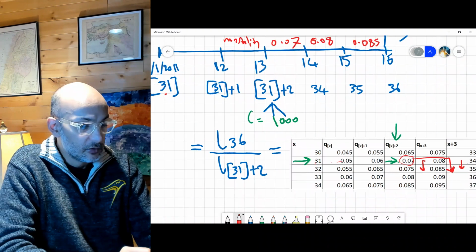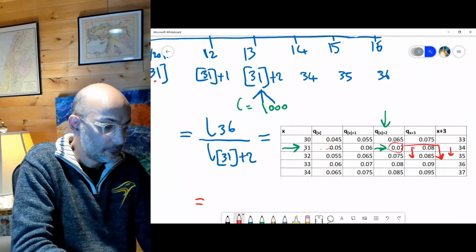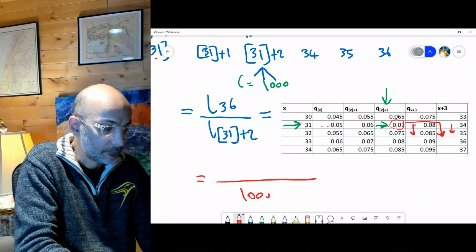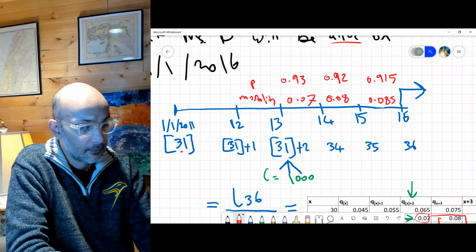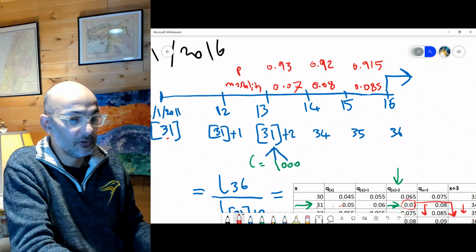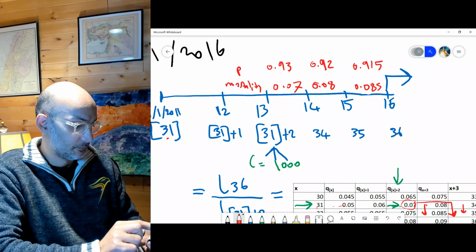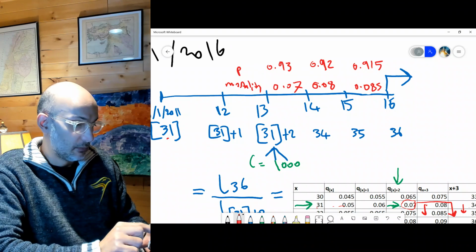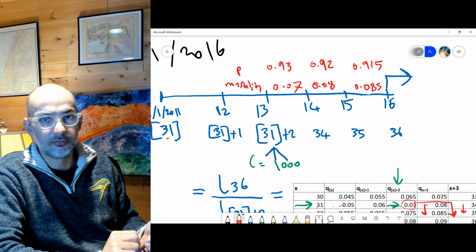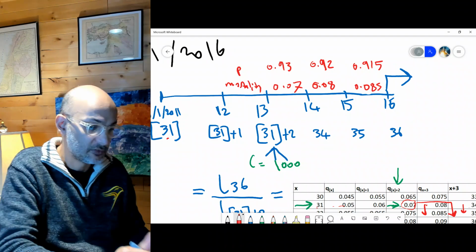So let's look at this one. We said the denominator is 1000. Now let's trace this 1000. 1000 multiplied by 0.93, where we got the 93 from is the complement of the mortality. It gives us 930.